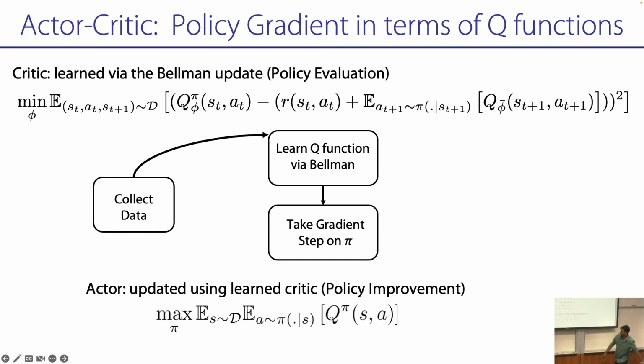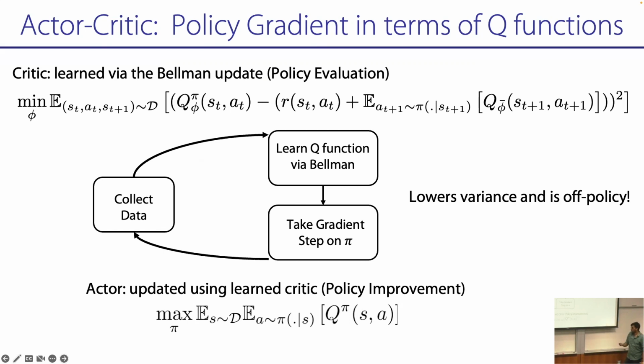So you try to improve the policy, or what we call the actor, right? We're using either of those two gradients we talked about just now. And then you go back, collect some more data, and repeat, right? So policy gradient: collect data, gradient step on pi, collect data, gradient step on pi. We're just going to add one more step in between, which is learning the Q function by minimizing the Bellman error, right? And so the good part about this is that it's lower variance, it's off policy. It's much more practical to use for robotics, right?